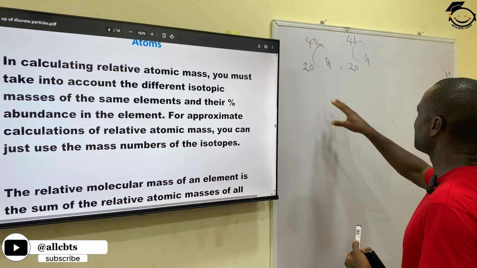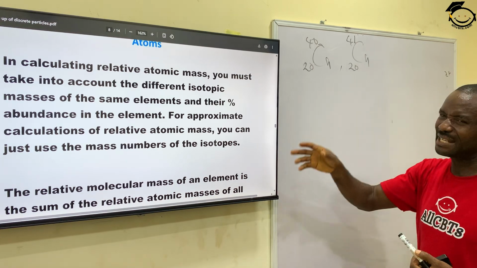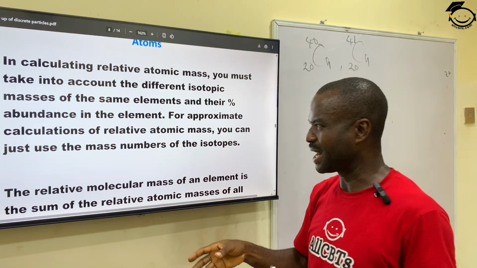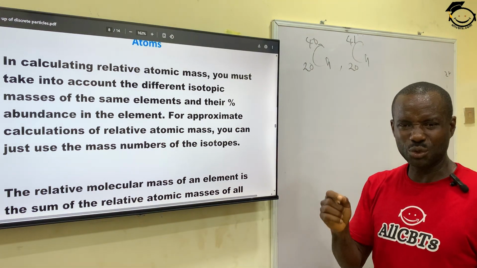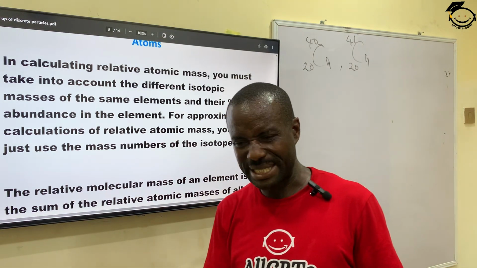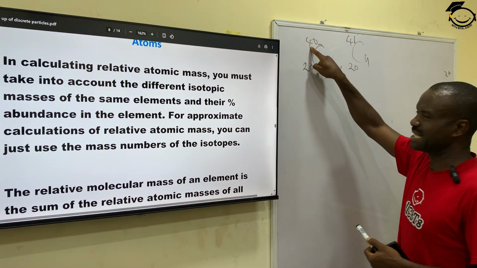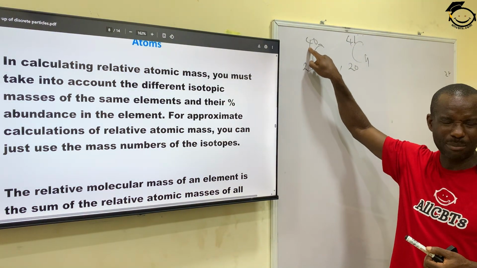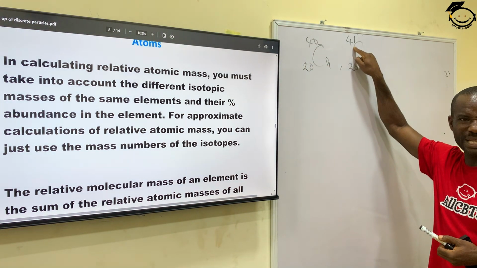For us to determine the relative atomic mass of any element that has isotopes, we have to take into cognizance what we call percentage abundance. So meaning calcium-40 has a certain percentage abundance in nature, and calcium-41 has a certain abundance in nature.